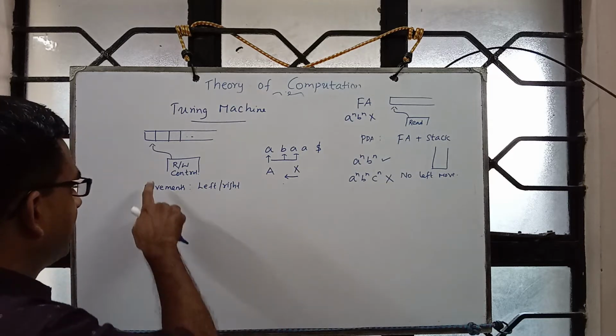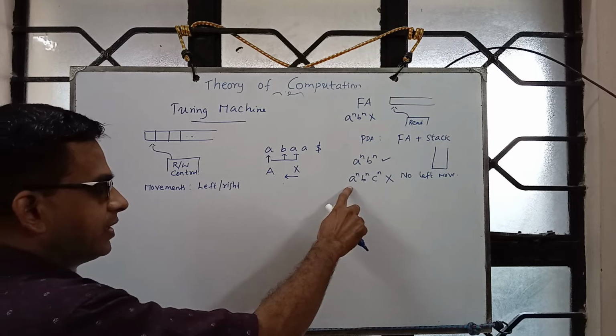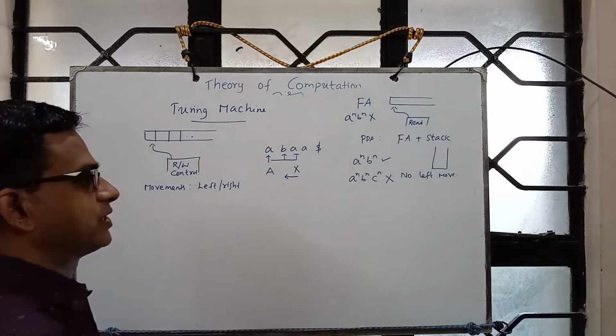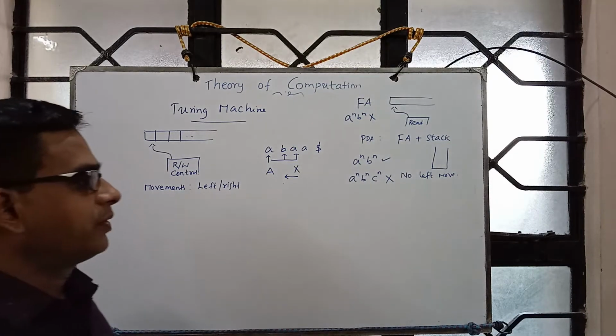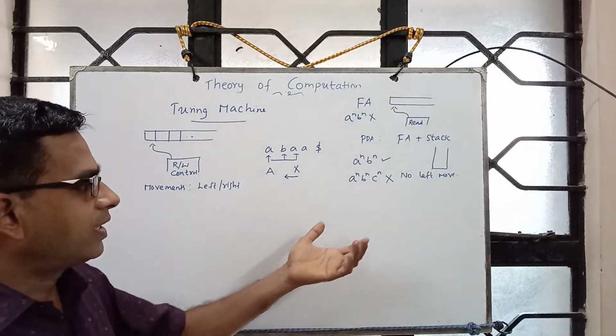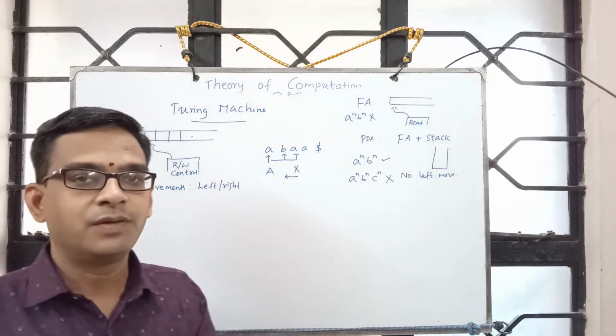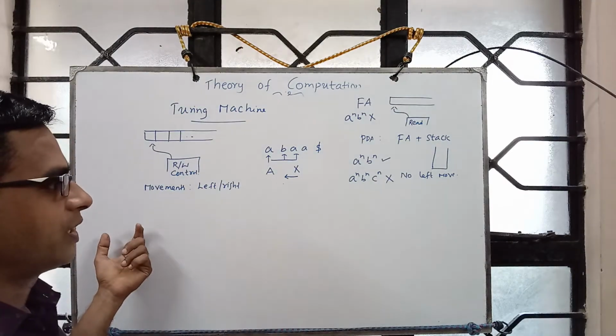Now the question is, can this additional power or can this machine recognize languages of this type? So now with this you come to know that the limitations of PDA are something that PDA cannot solve, Turing machines can solve.